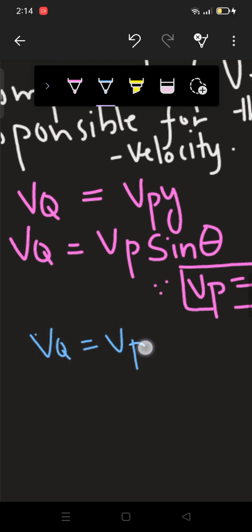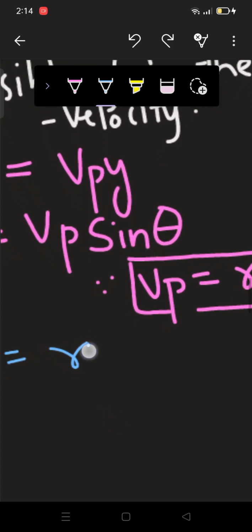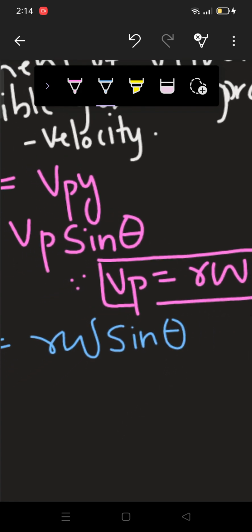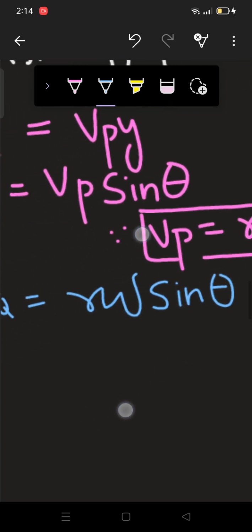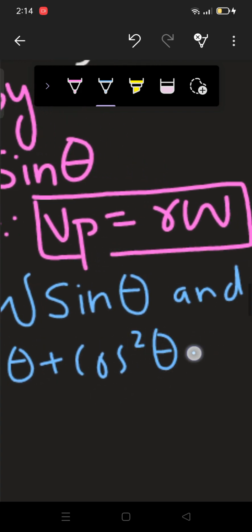Instead of vp, we are going to have r omega sine theta, so vq is equal to r omega sine theta. And we know that sine square theta plus cos square theta is equal to 1, right?